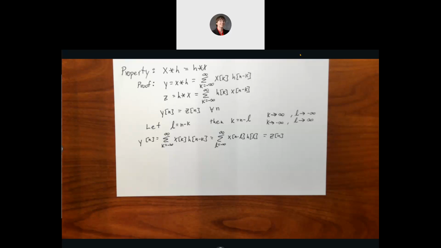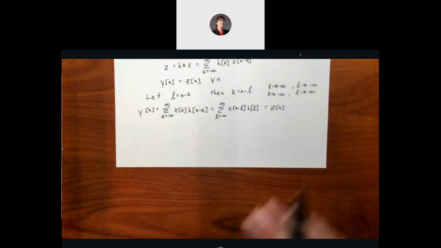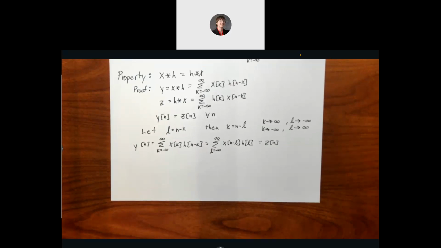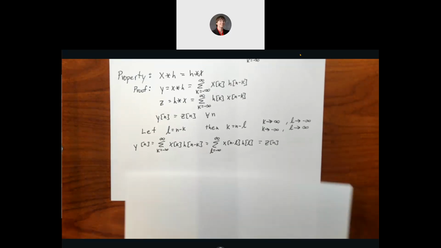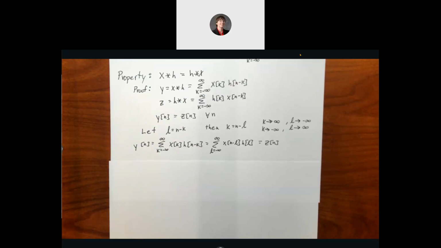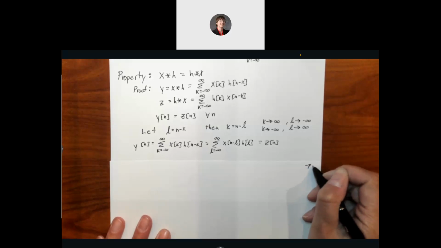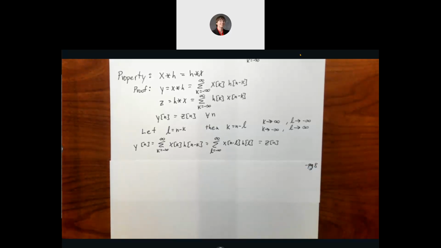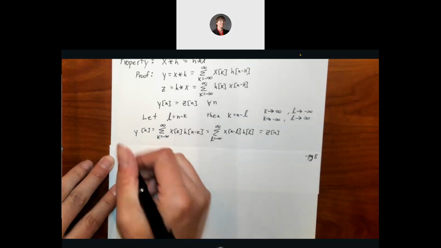So there's different ways that we can also solve this summation. There is a special case where our signals are both finite length. By finite length, I mean there's only a set number of instances of n for which we have a non-zero value. And it turns out there's a little bit of a shortcut that we can take.